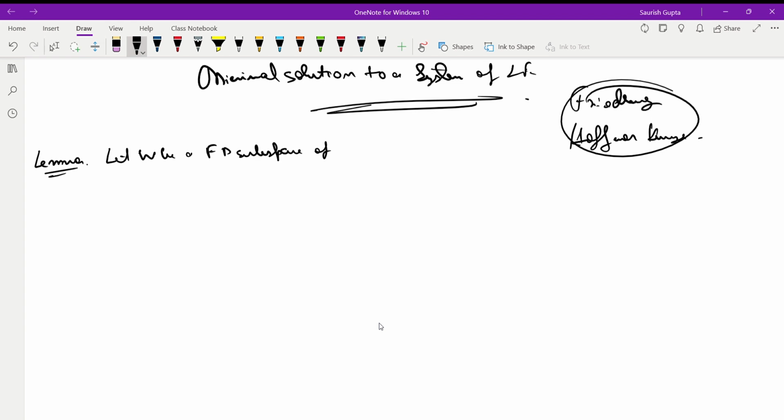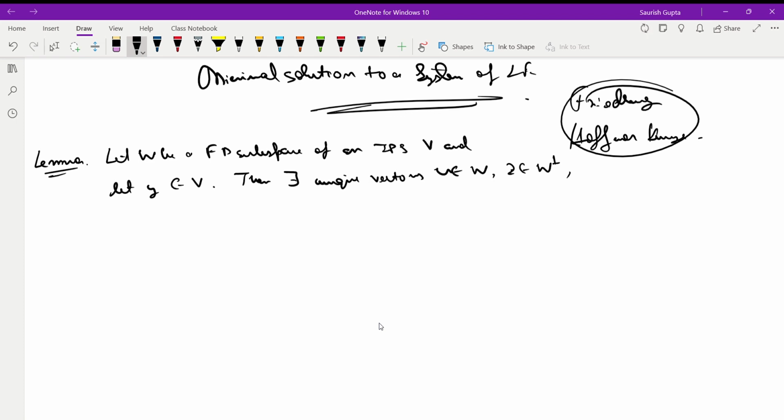Let W be a finite dimensional subspace of an inner product space V, and let y belong to V. Then there exist unique vectors u in W and z in the orthogonal complement of W, such that I can write y as a sum of these vectors, u plus z.